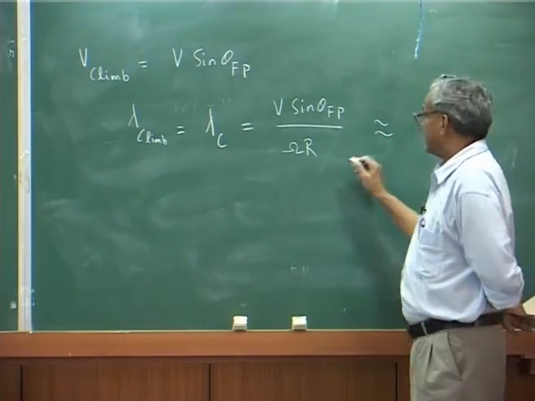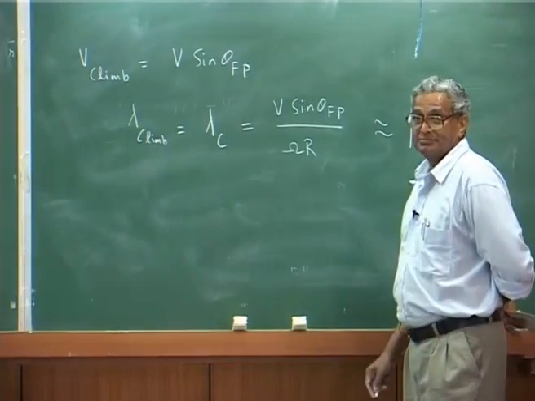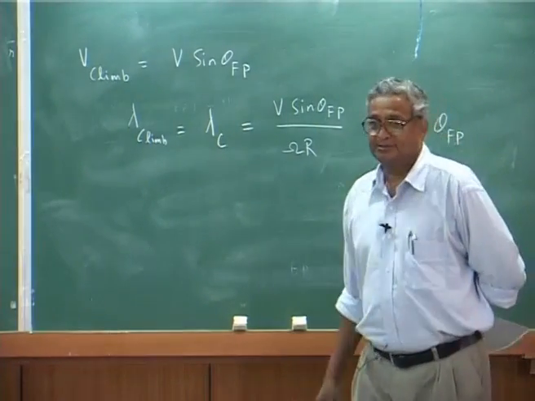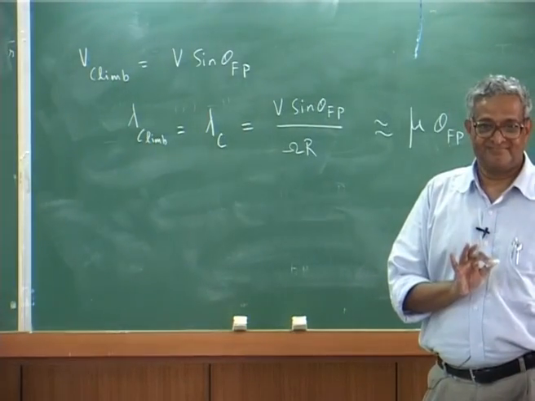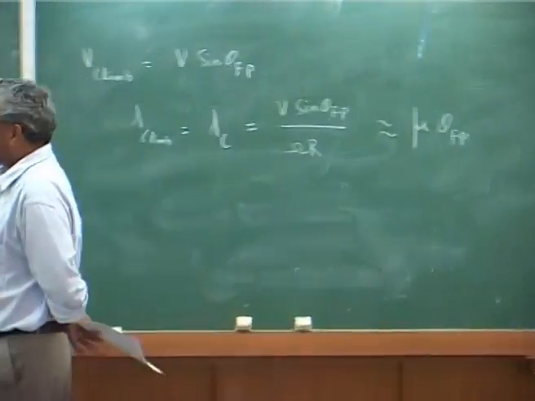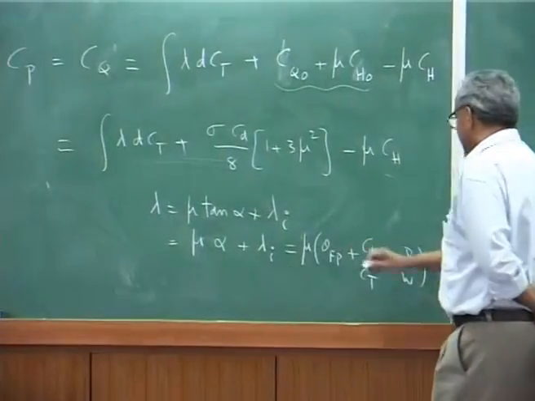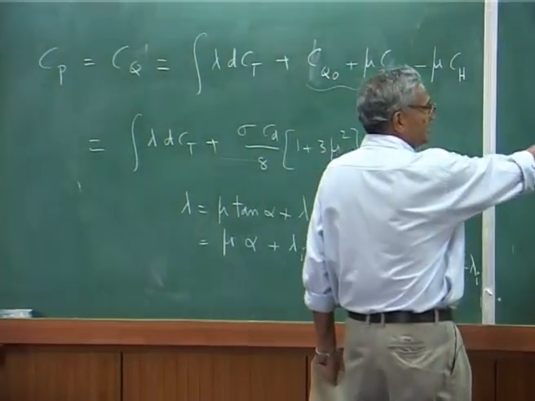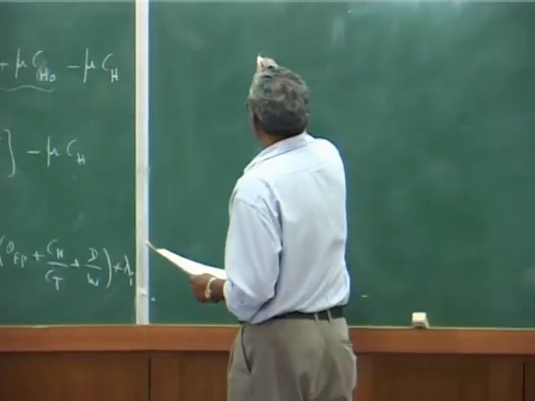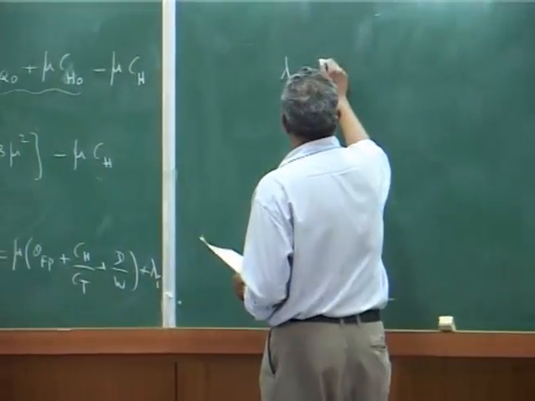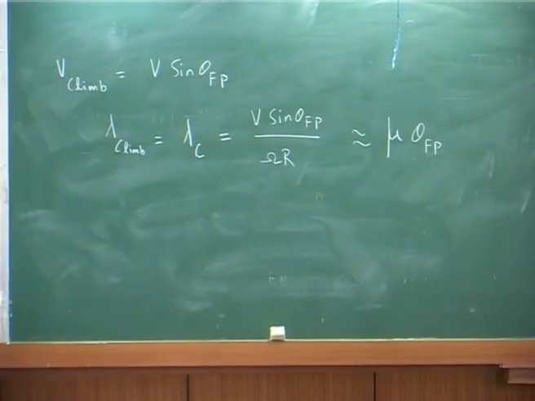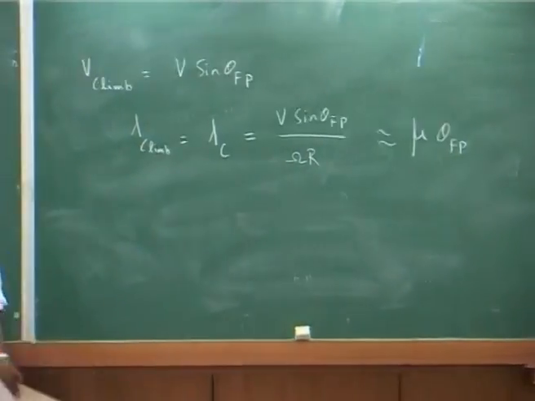V over omega r I am writing as mu, with the approximation for theta f p. Now, let us go back here. Our lambda defined as mu theta f p is basically the non-dimensional lambda c.